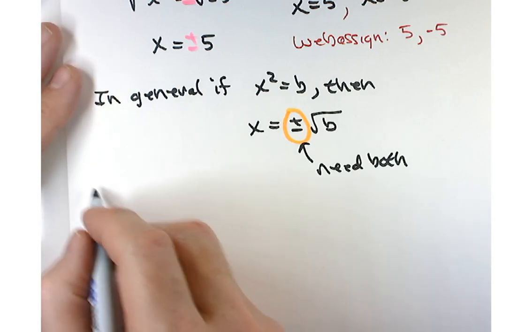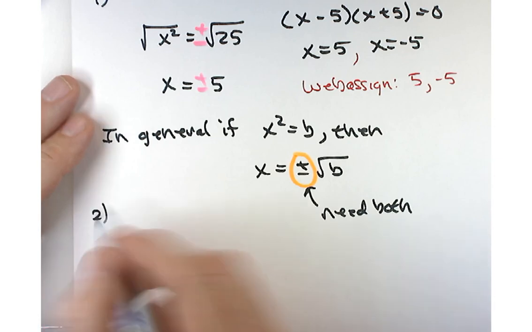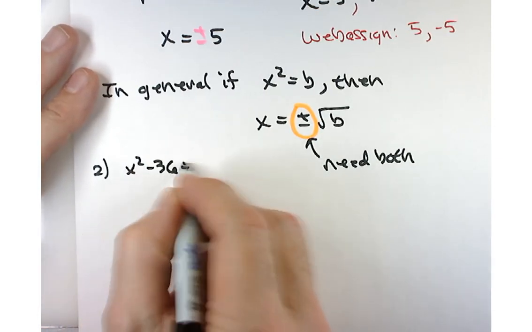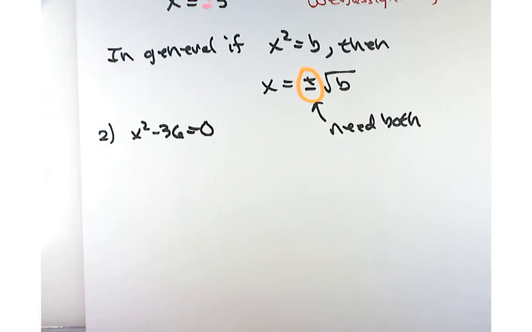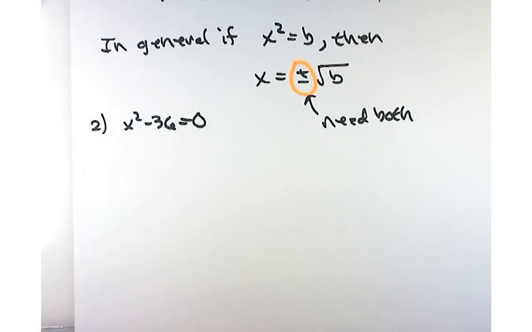So let's keep going with a few examples here. This is still all part of example D. X squared minus 36, kind of a friendly one to warm up with. As before, you could factor this, but I'm really hoping you won't factor this.